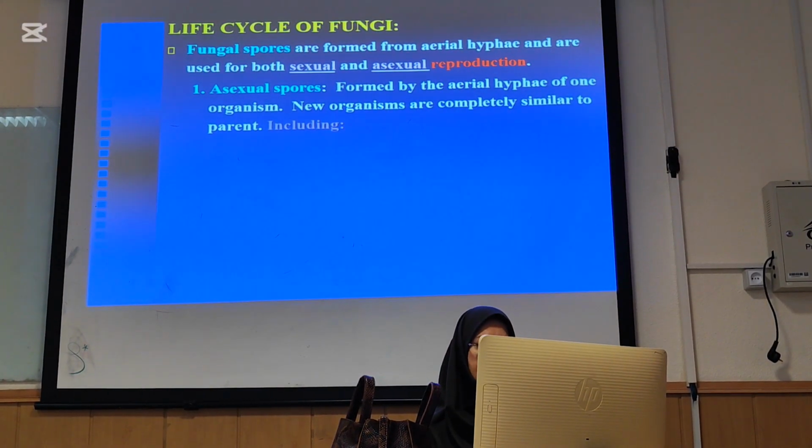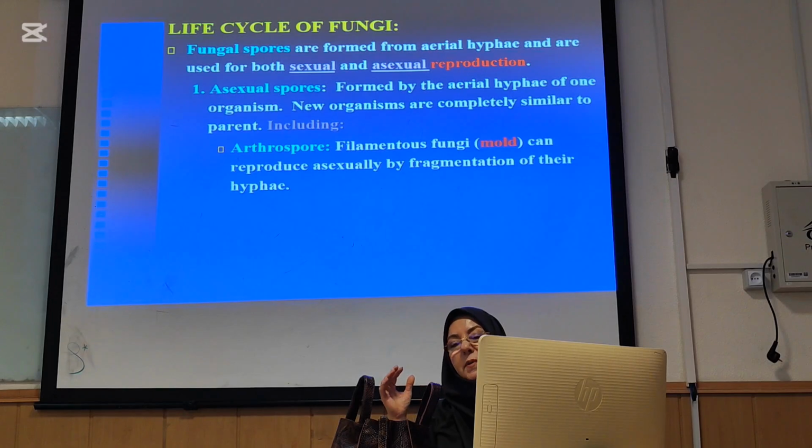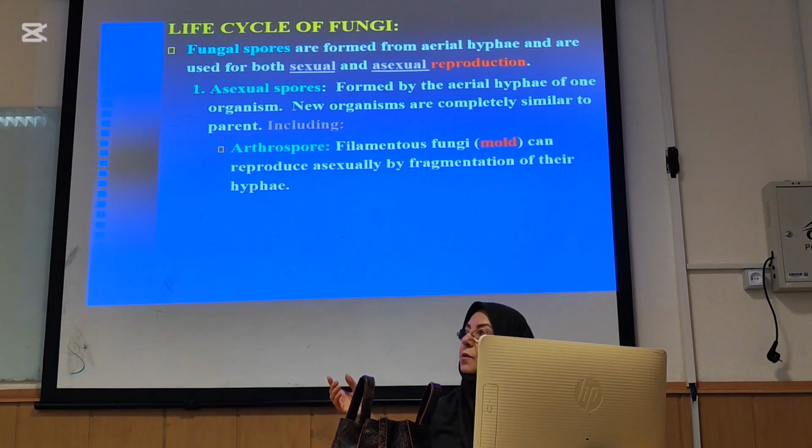In asexual reproduction, asexual spores are formed by the aerial hyphae of one organism. Because it is asexual reproduction, new organisms are completely similar to the parent. I will show you all types of asexual spores.